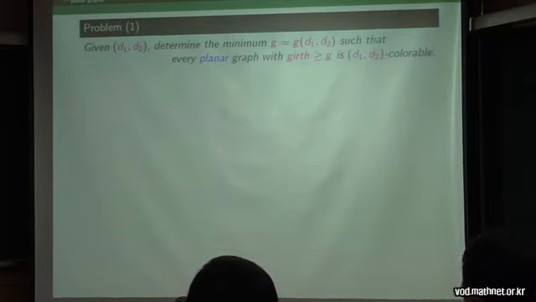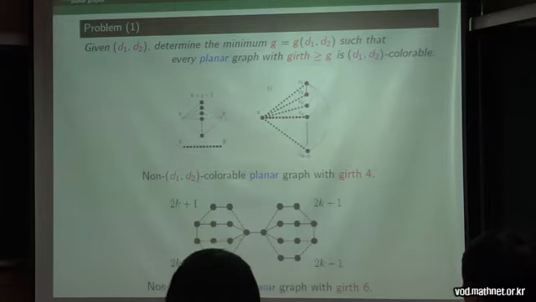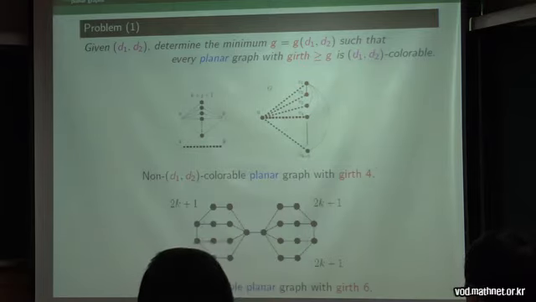So now there are these 2 constructions that we know. The first one is that I can make a non-D1, D2 colorable planar graph with girth 4, so I can forbid triangles. So this says if you give me any D1, D2, then this girth value must be at least 5, because I can make a planar graph with girth 4 such that it's not D1, D2 colorable.